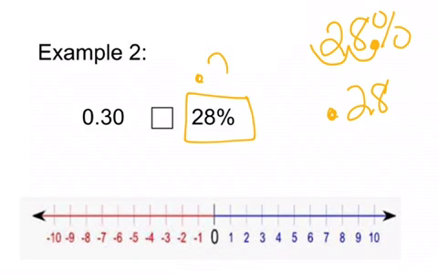So we want to think of this number as 0.28. And now we're going to compare those. Well, they are both located between 0 and 1. But 0.28 is going to come before the 0.30. So 0.30 is the greater number.